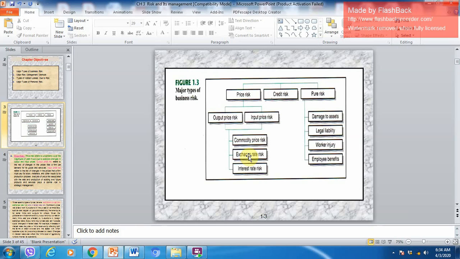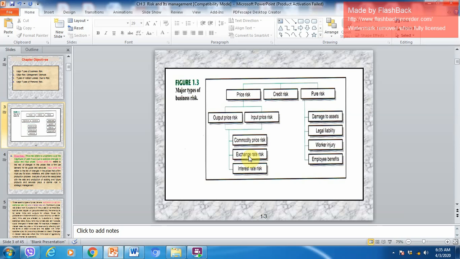In Kurdistan, most things come from other countries: Europe, Canada, America, Iran, Turkey, China. So when the dollar goes up, the prices of all imported things increase, and once the dollar goes down, the prices become normal. So this is called exchange rate risk, the business having risk due to fluctuation in the exchange rate.